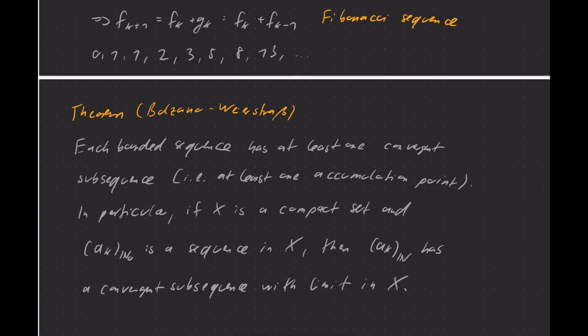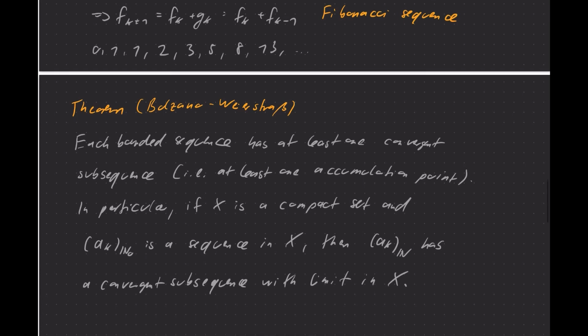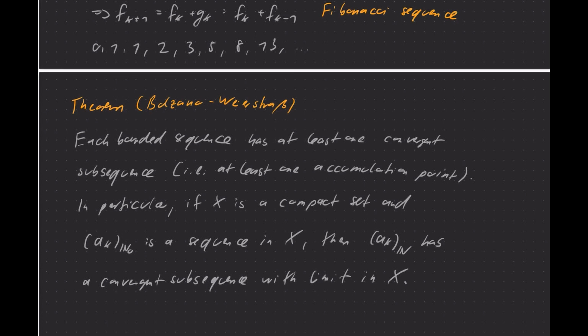Yeah, what we're using here basically is the fact that X is closed. So compact means closed and bounded. So that here is because X is closed. And the fact that there is a convergent subsequence, that is due to the fact that X is bounded, and that theorem of Bolzano and Weierstrass.